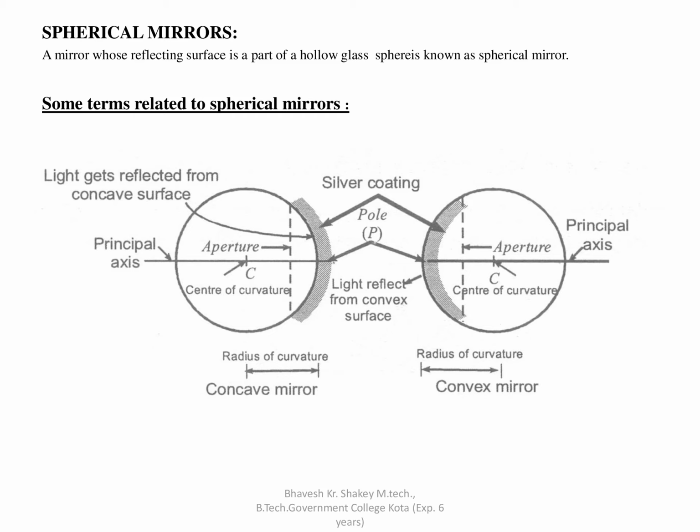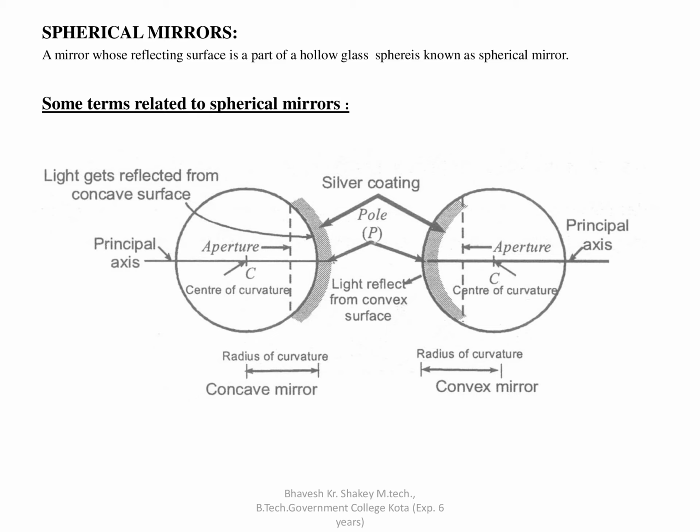So in the first diagram the inner surface is the reflecting surface, and in the second diagram the outer surface is the reflecting surface. In the first diagram the spherical mirror produced is a concave mirror, and in the second diagram the mirror formed is a convex mirror. So let's first study the various terms related to the spherical mirror.